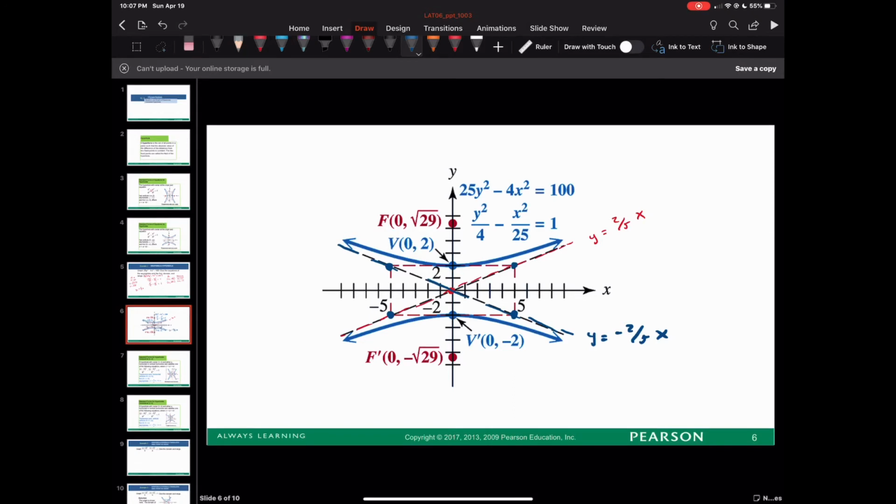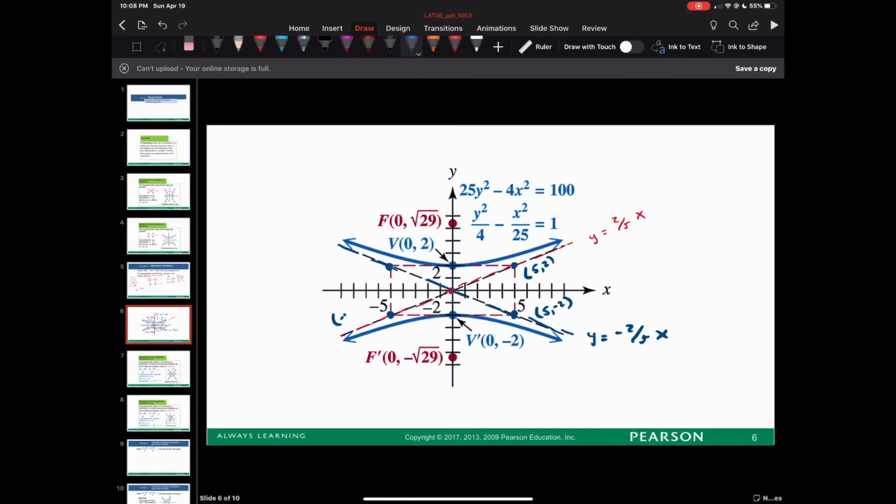This one's going to be (5, 2). This one's going to be (5, negative 2). This one's going to be (negative 5, negative 2). Let me erase this and make sure I write it.